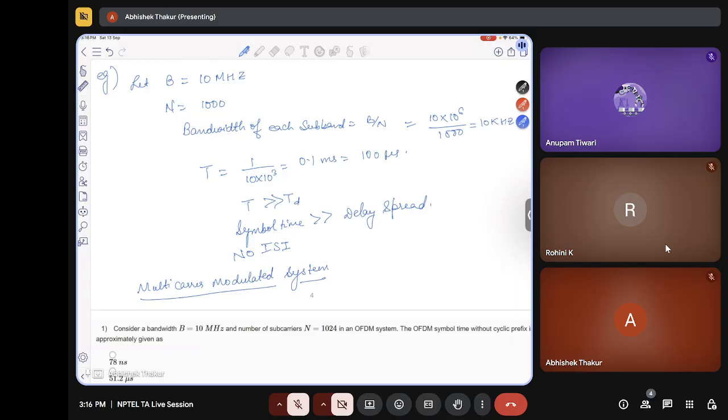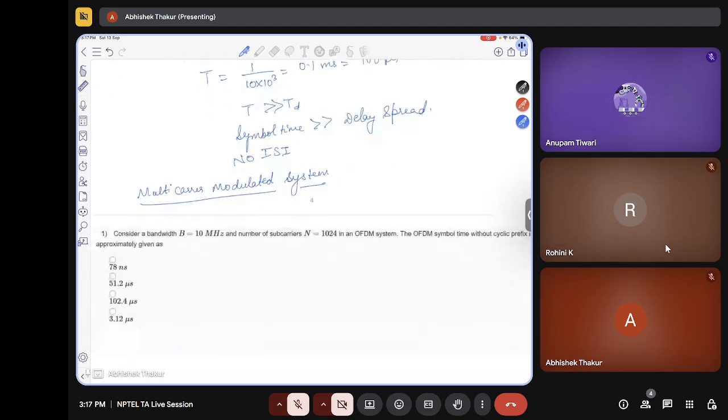Now we will see our first question. Consider a bandwidth B equal to 10 megahertz and the number of subcarriers N equal to 1024 in an OFDM system.